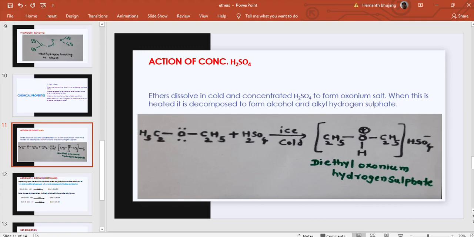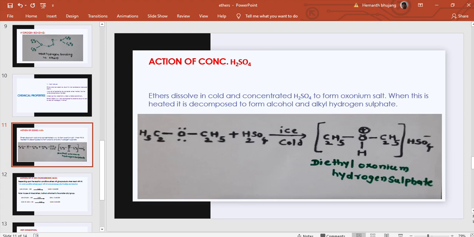Look at this example, C2H5OC2H5, diethyl ether. The ethereal oxygen has two lone pairs of electrons. We take cold, concentrated sulfuric acid.